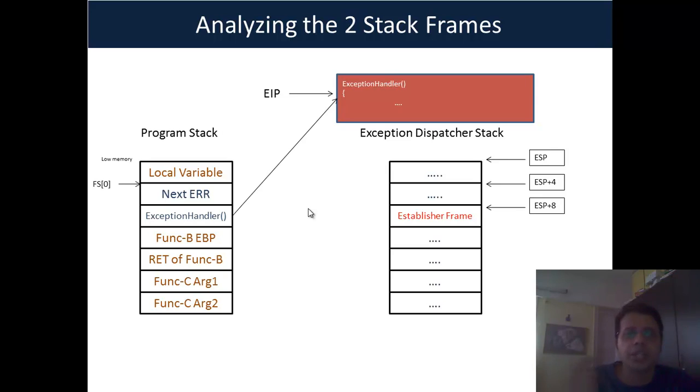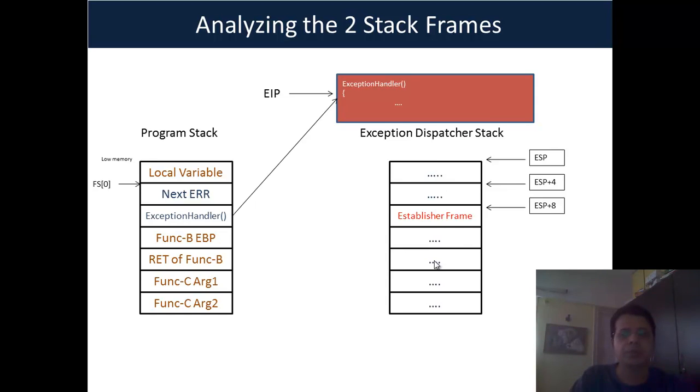They figured out that they need to call the first filter expression. The first filter expression has been called, which points to the exception handler. Now this pointer is pointing to the exception handler where EIP is currently positioned. At this exact stage, when we have not yet started executing the first instruction in the exception handler, this is how the execution dispatcher stack looks.